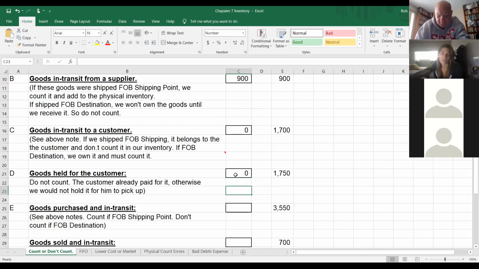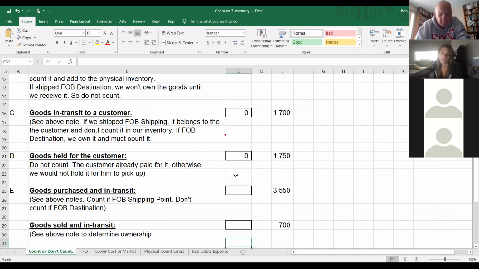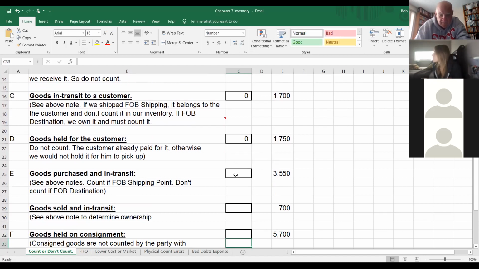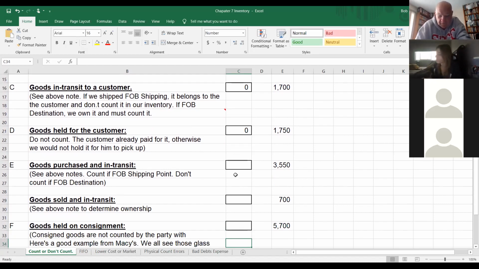Let's go back to our favorite, FOB again. Here, we are doing the purchasing and something is in transit. Something is on the way to us. Shipped FOB shipping point. Hey, Dominic, do we count this or don't count it?